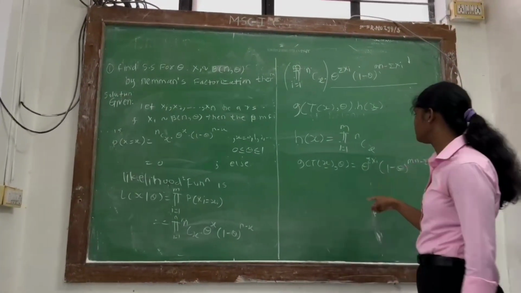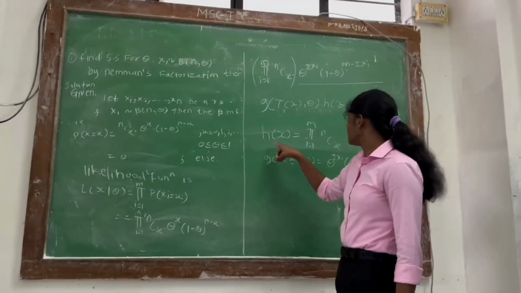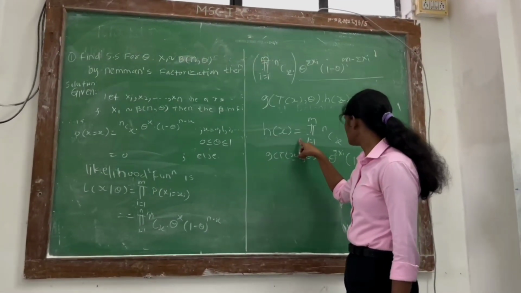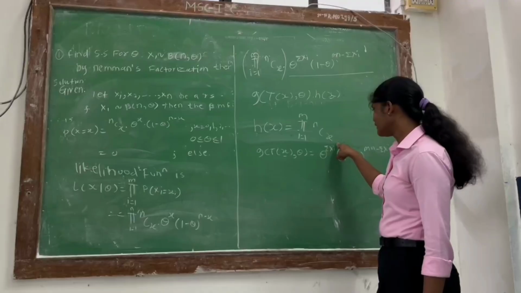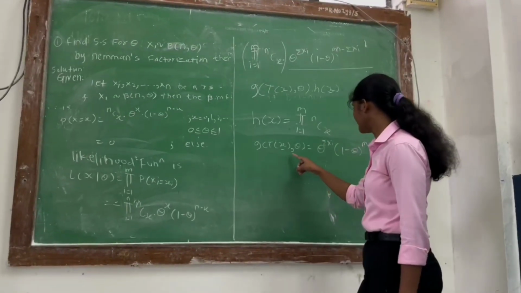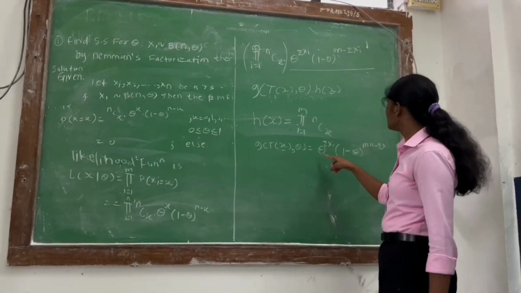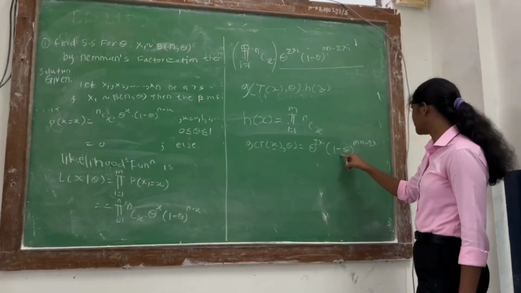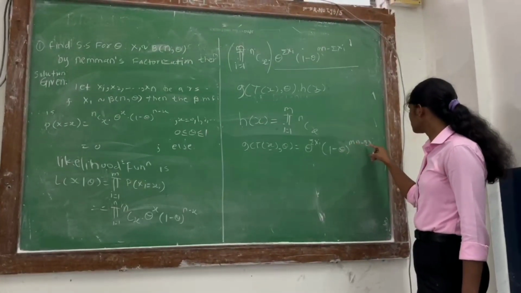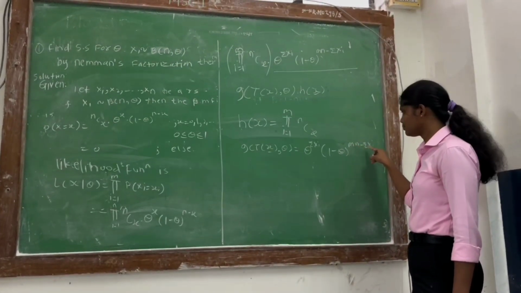So now we have compared this term: h of x is equal to product of nCxi and g of t of x, theta is equal to theta raised to summation xi, 1 minus theta raised to n minus summation xi.